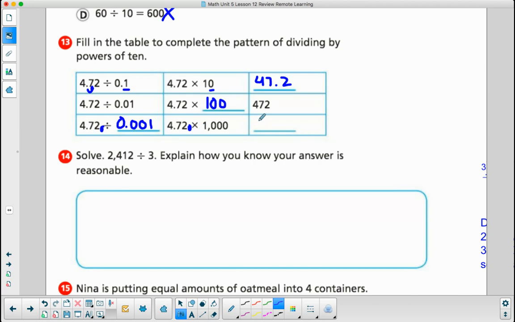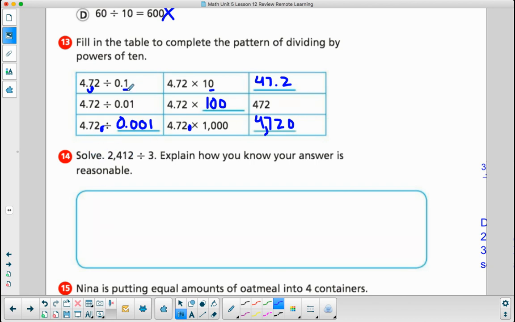Now it's 4,720. And you might put in a comma here. You don't have to. I don't really like writing in my commas for thousands because it could be a decimal or look like a decimal.